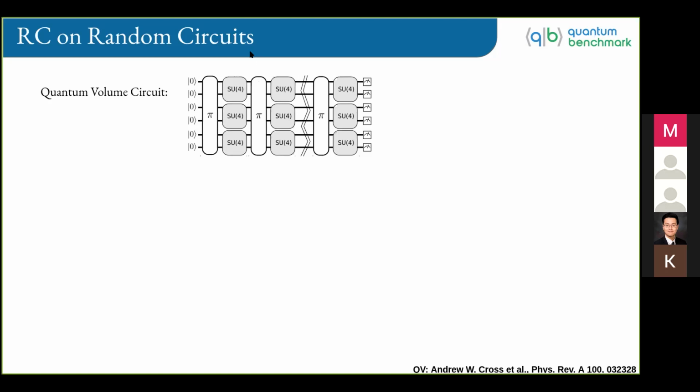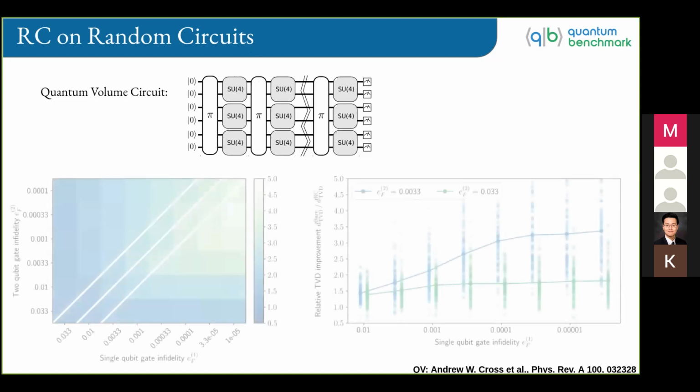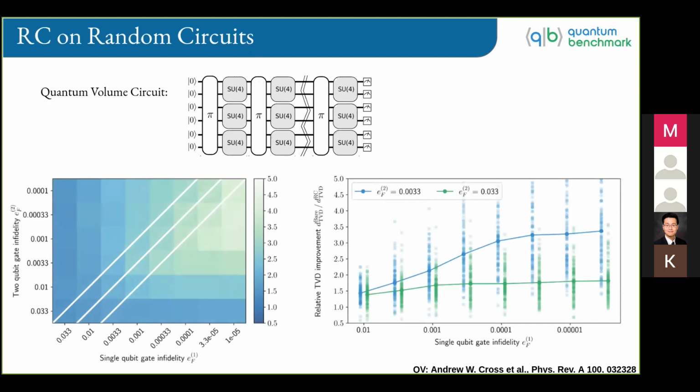And so what we're going to do is we're going to apply randomized compiling to random quantum volume circuits. And you might expect not to get a gain in this case because the circuit's already random. But you actually do in fact get a gain. So what's plotted here, and again, this is a simulation, is on the x-axis, we plot the single qubit gate infidelity. I think this is a simulation on 4 qubits.